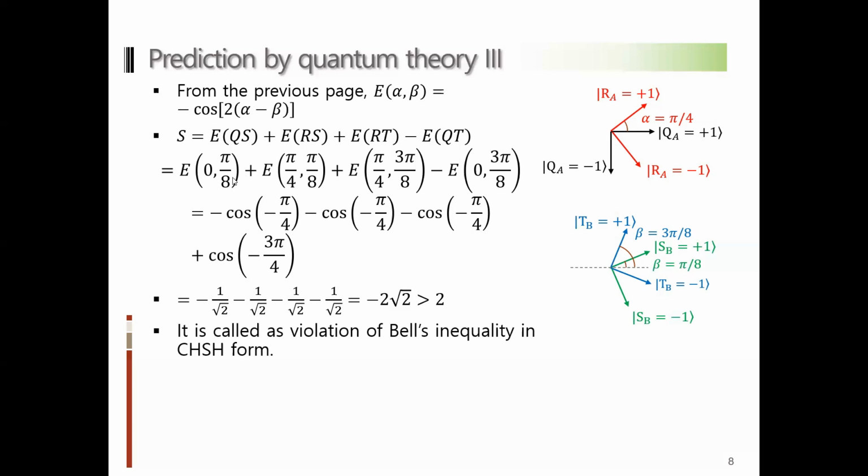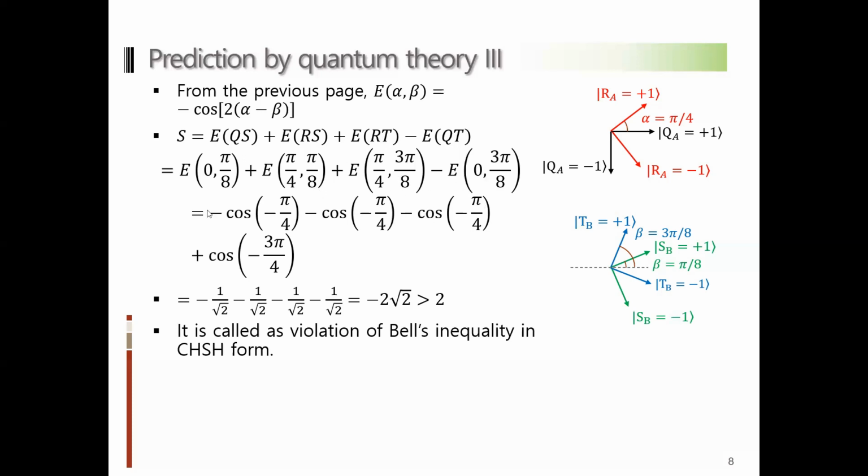All I have to do is replace alpha and beta with 0 and pi over 8. And then for RS, similarly, the R basis means alpha is tilted by pi over 4, and beta is pi over 8. So just replace, and for the other cases, I just have to repeat the same thing.